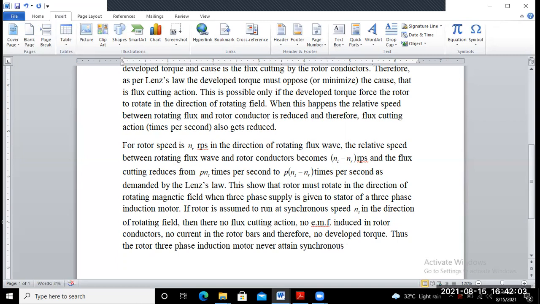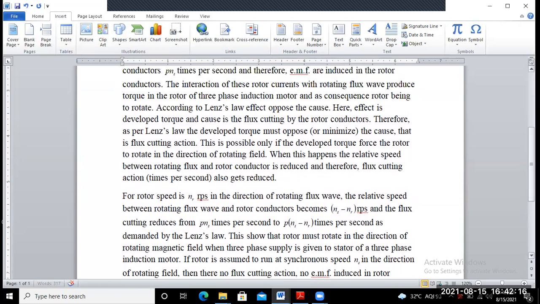So this is all about the operating principle of the three-phase induction motor, how the rotor produces rotation. Just we stop here, and in the next class we will discuss other things.